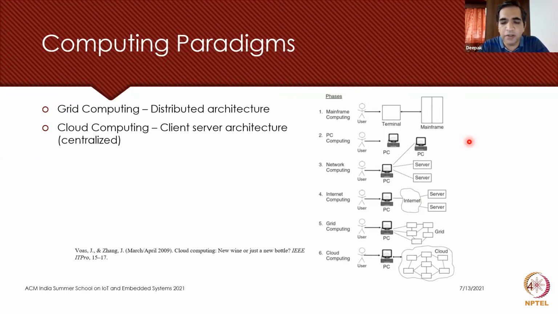Multiple small networks in local areas started getting connected, and that came to be known as the internet. Now you can see the full potential in terms of connecting things all over the world. That phase was called the internet computing phase.